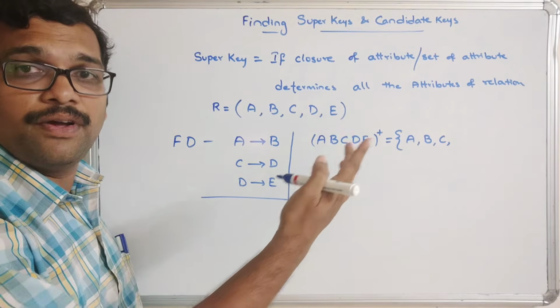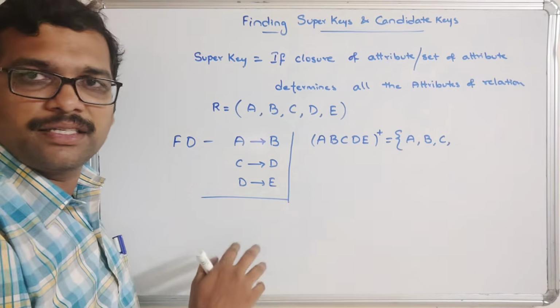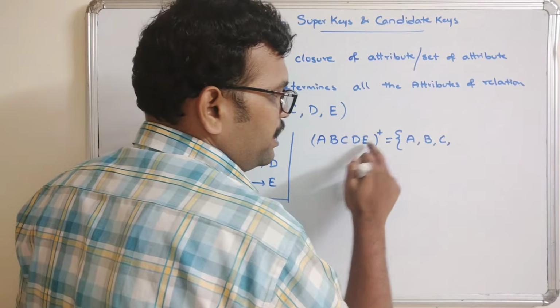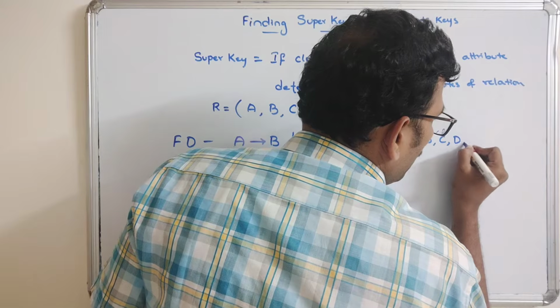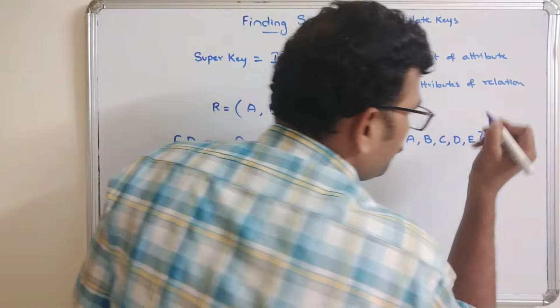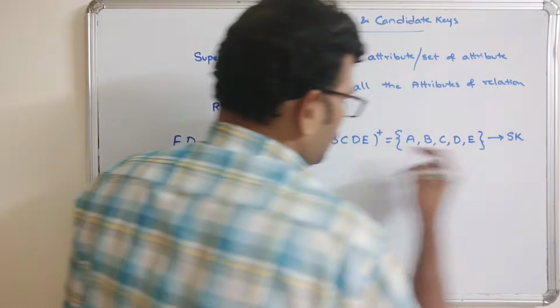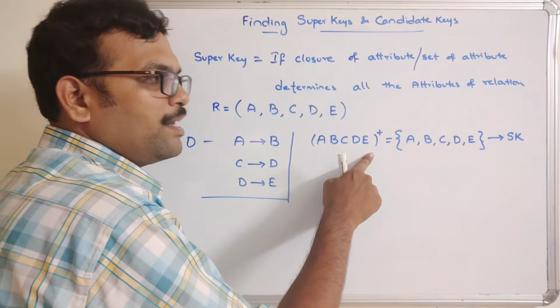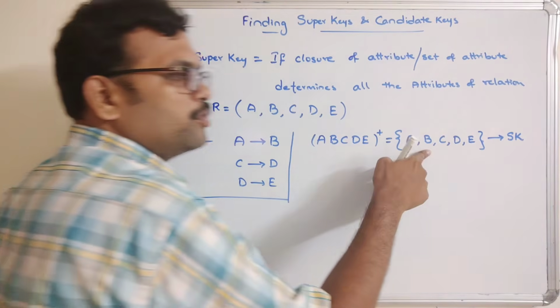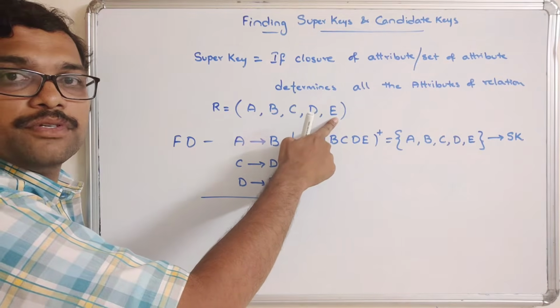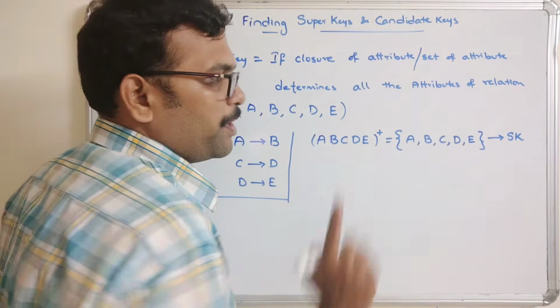The self attribute will be added in the resultant set. So A, B, C, D, E can determine A, B, C, D, E. So obviously this will be the super key, because this closure determines all the attributes of a relation.